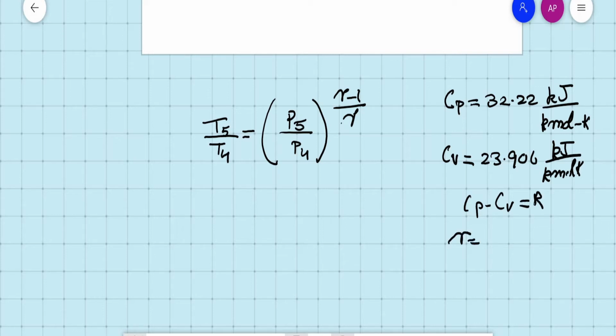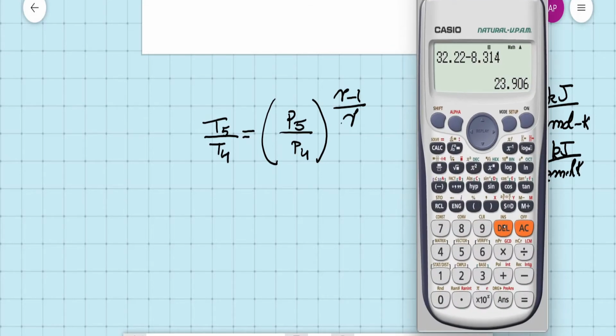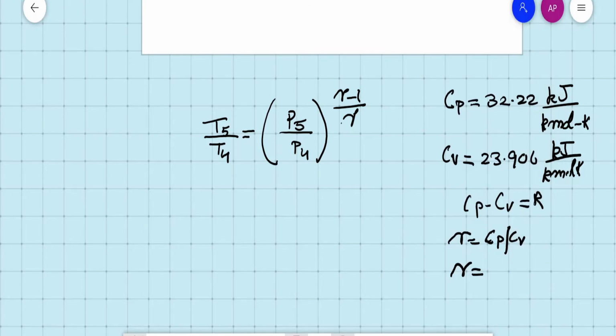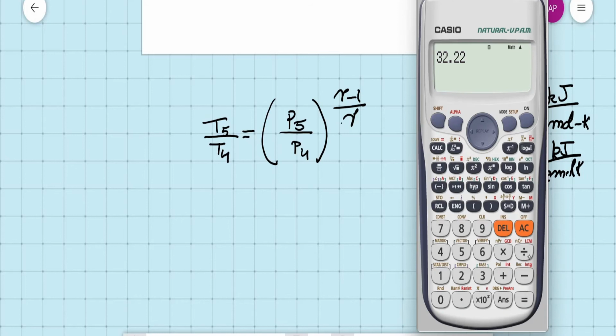Now gamma, which is nothing but Cp over Cv, so let's calculate the value of gamma. The value of gamma is going to be 32.22 divided by 23.906, and that is 1.3477.